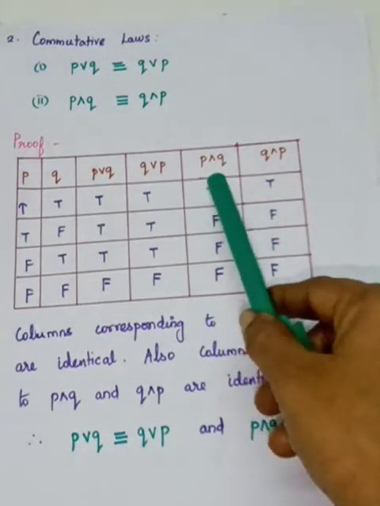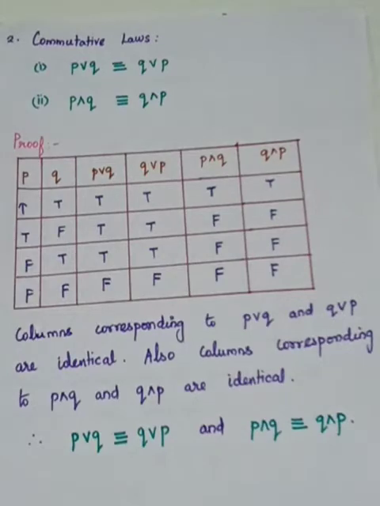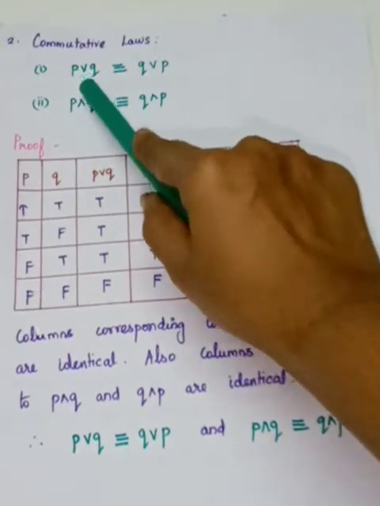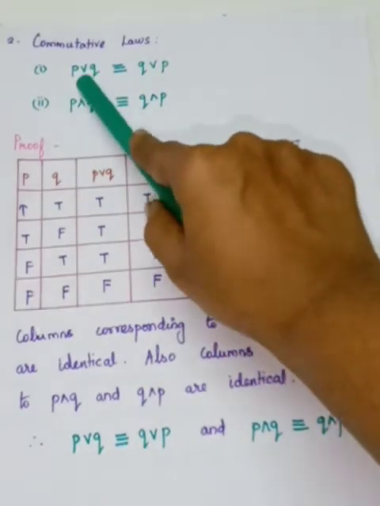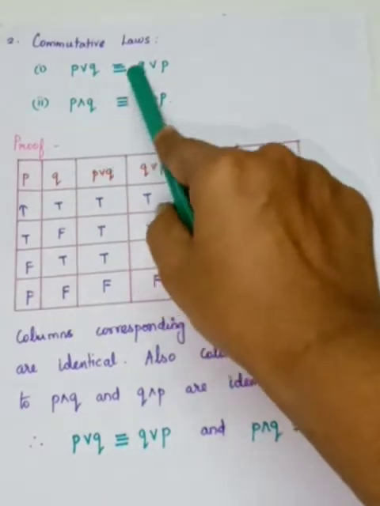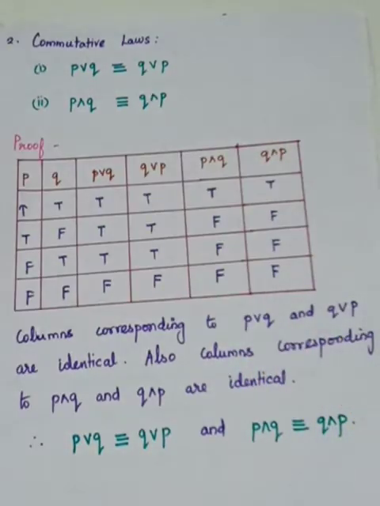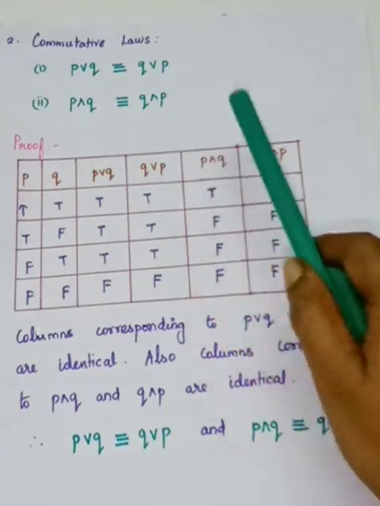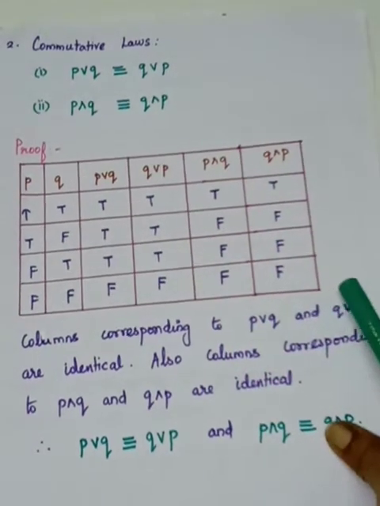Therefore P and Q is logically equivalent to Q and P. So for the two statements, with or and with and, they are logically equivalent to Q or P and Q and P. So that is called the commutative laws.